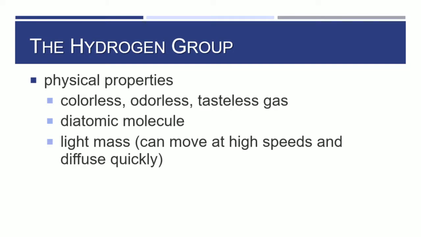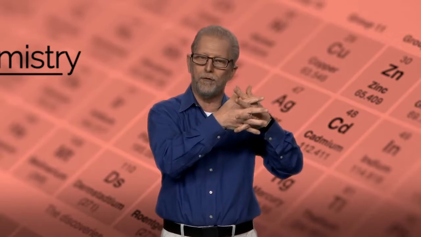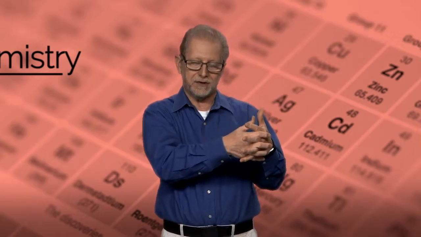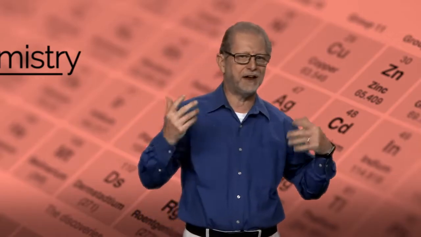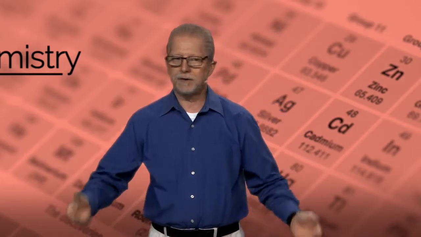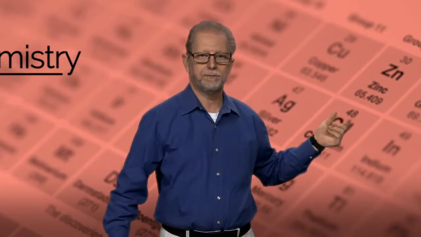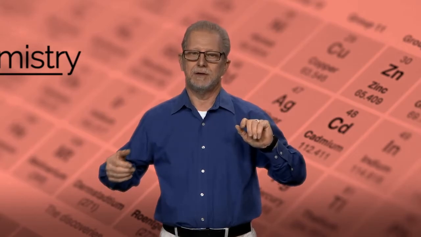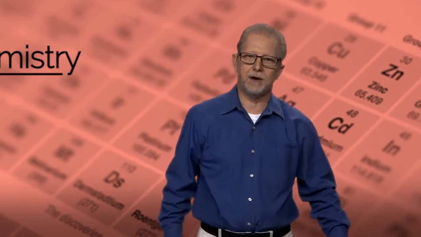And it has to move at high speeds. Because it is so light and also small, it will diffuse. It will go through very quickly because of its size and because it's moving faster. Why does it have to move faster? Because it's at the same temperature. That means temperature is the average kinetic energy.